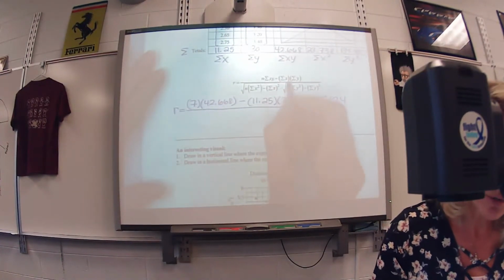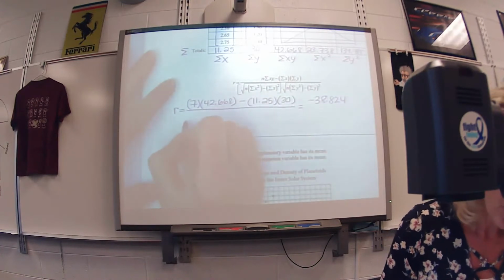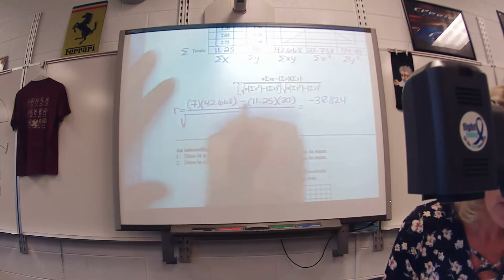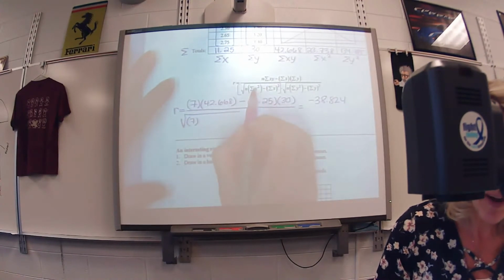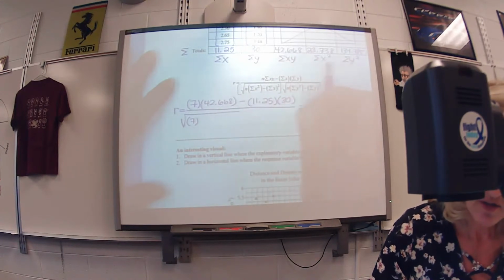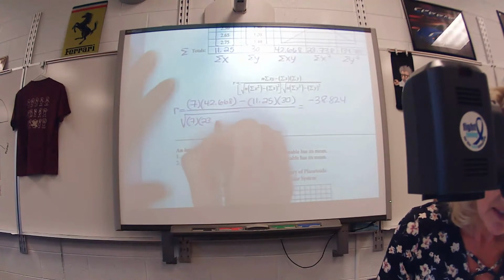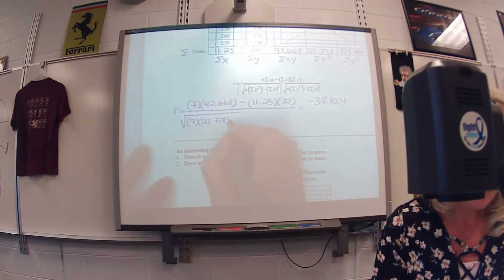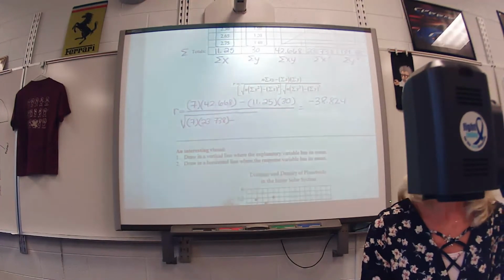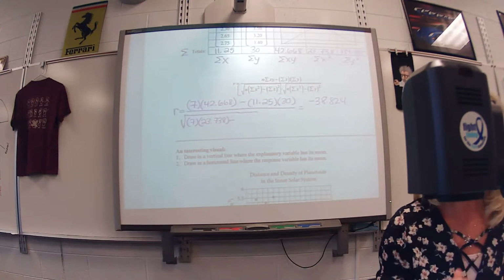All right, so let's just do the left side of the denominator. We're going to have the square root of 7 multiplied by the sigma X squared, so that's this guy, 23.738, minus, now be careful on this, minus the sigma X squared.